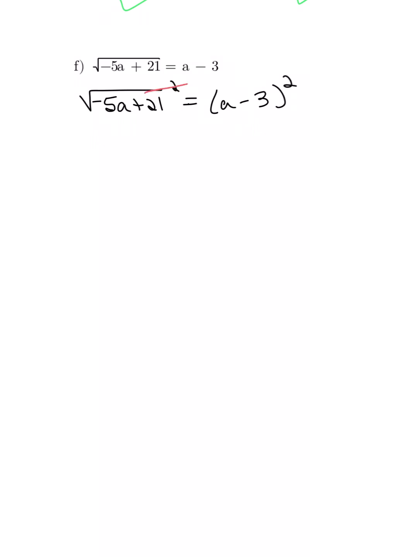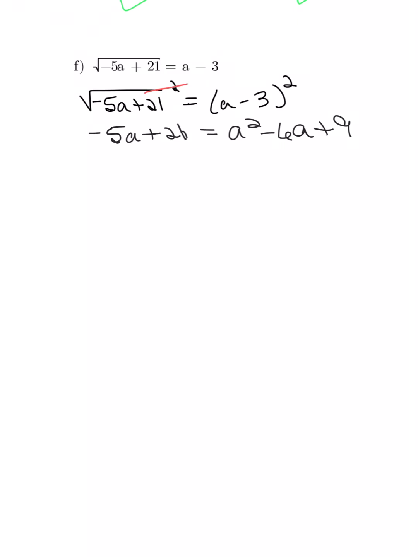So the square root and square offset each other, we are left with our radicand of negative 5a plus 21 equals a squared minus 6a plus 9 when we square a minus 3.